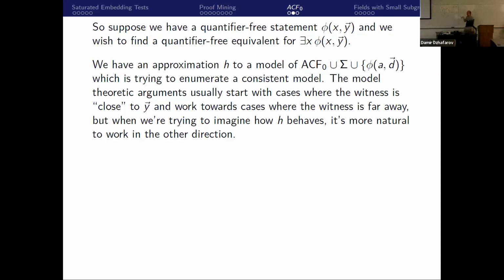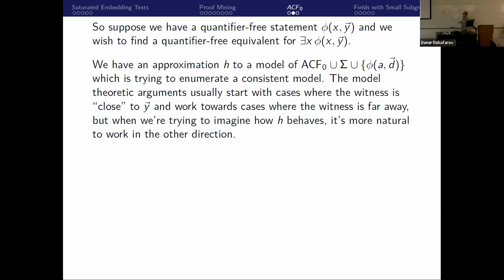It turns out that in the model theoretic argument, the schema we just saw starts by breaking into cases: either a is expressed by an equation, basically a term generated by these, or if it's not that, it's at least controlled by a polynomial, or if it's not that, it's something far out. That scheme happens a lot, where you start with things that are close by and work your way out to things that are far away.